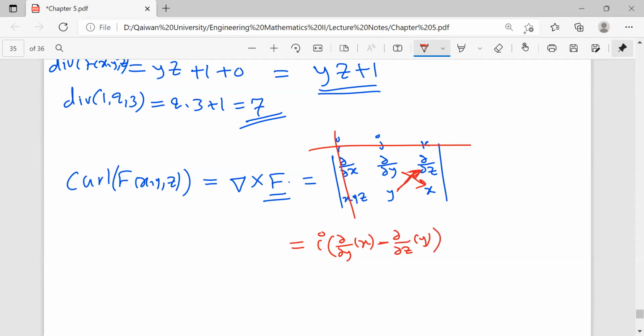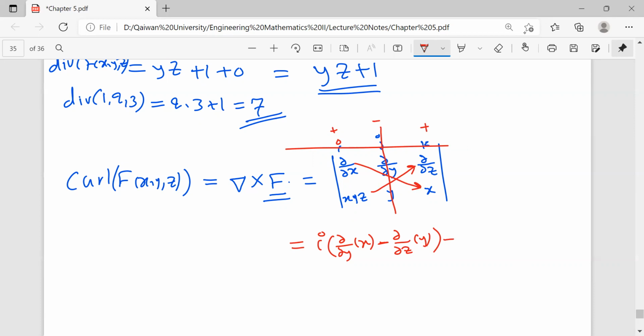That's for i. Then for j, we remove these two. What's left? We multiply these two minus multiplying these two. It's plus, minus, plus. We do it like that.